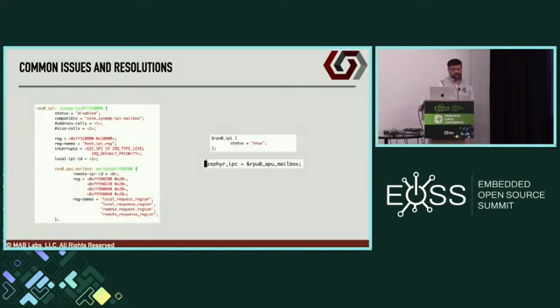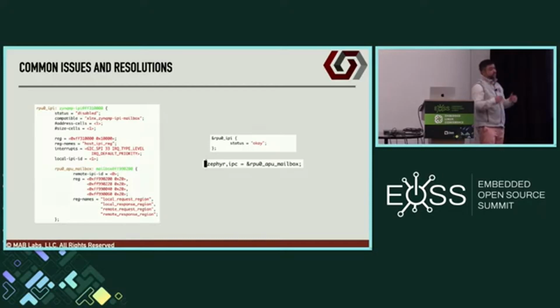So this is a detailed example of what that looks like. This RPU0 IPI is the interface, the IPC interface, which Xilinx calls IPI. And here we can see the mailbox, which is essentially the communication mechanism between the Cortex-A processor and the Cortex-M0.